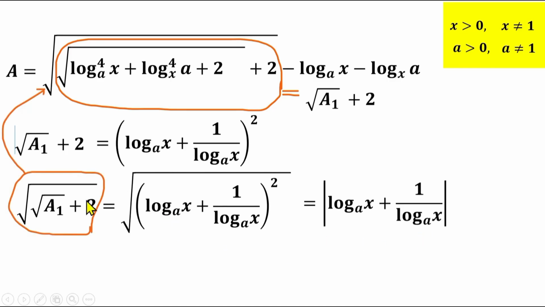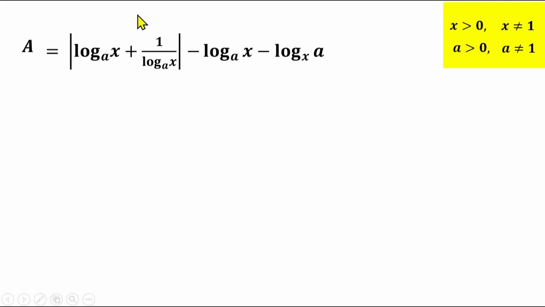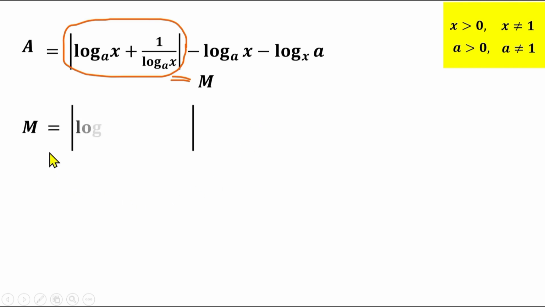So we plug in this answer here, and we have for A the following answer. It is simpler than the original, but we can continue simplification. We consider this modulus, denote it as M. M is equal to this expression.